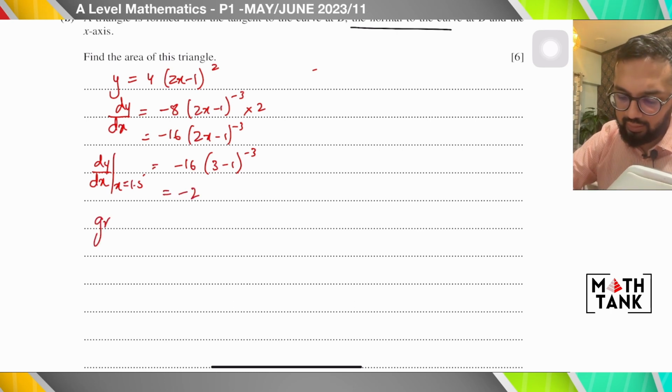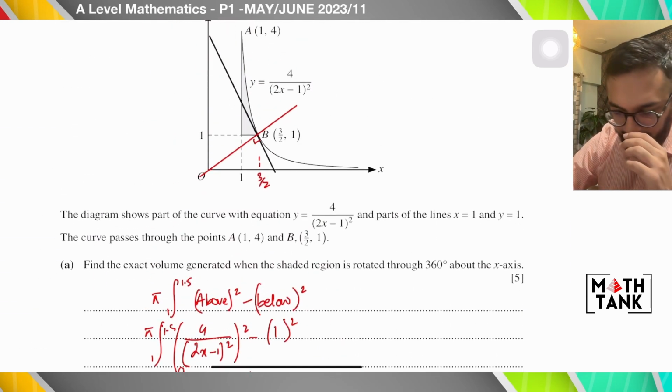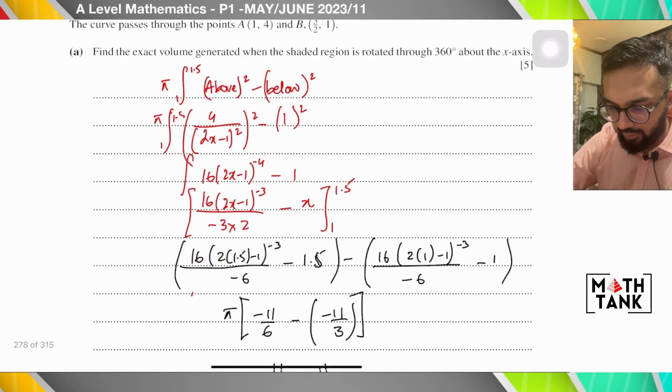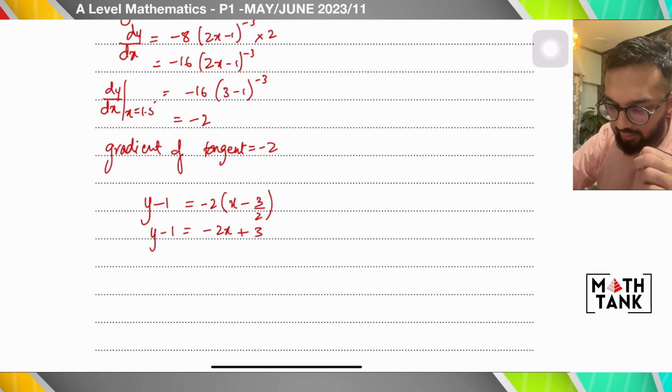So that's the gradient of the tangent. What is the equation of the tangent? The point is 3 over 2 comma 1. So y minus 1 equals minus 2 times x minus 3 over 2, so y equals minus 2x plus 4.